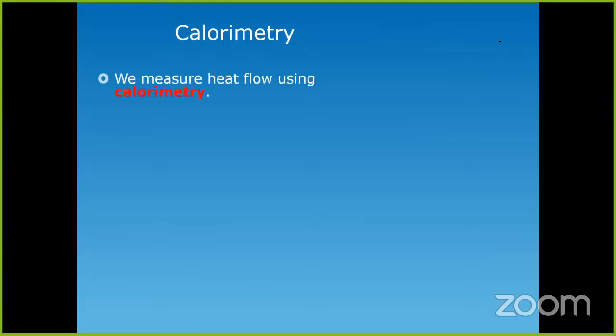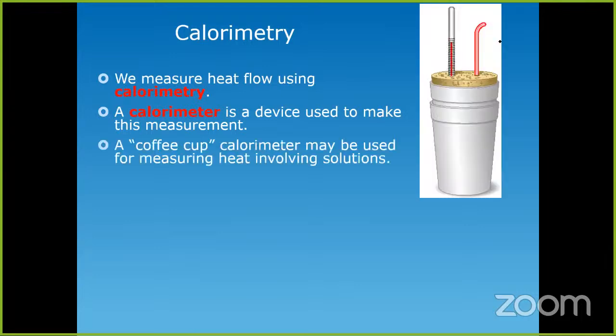Okay, I think this is going to be the very last thing we're going to talk about. Calorimetry. Calorimetry is basically how we measure heat flow, and a calorimeter is a device used for making this measurement, and they come in different levels of sophistication. I would call this the ultimate in low-tech apparatus for this particular measurement, consisting of two styrofoam cups, a stopper here, which has two holes, one hole for you to insert the thermometer in, the other hole for you to insert a stirrer, right?